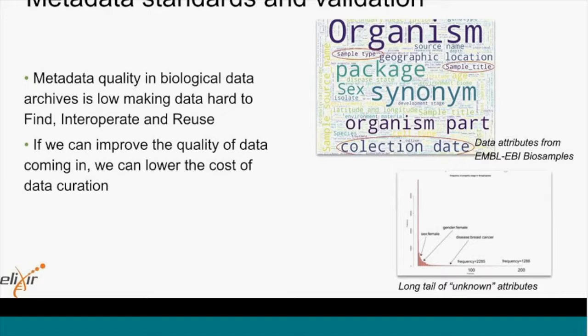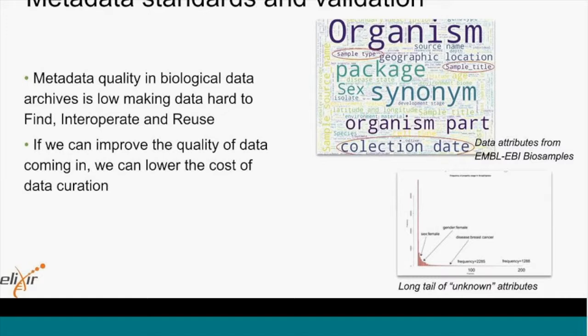Unsurprisingly, organism is very prominent, very common. We found that pretty much all our submitters could agree on what an organism is and represent it consistently. But then you can look at specific examples where you have sample type, sample title with an underscore, collection date with a gigantic typo in there, which is 900,000 of a sample.